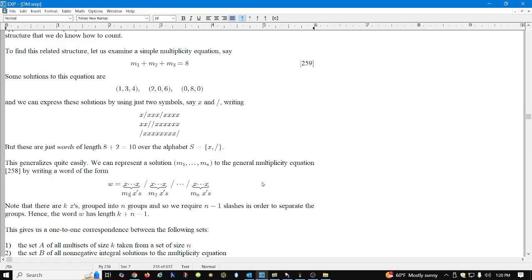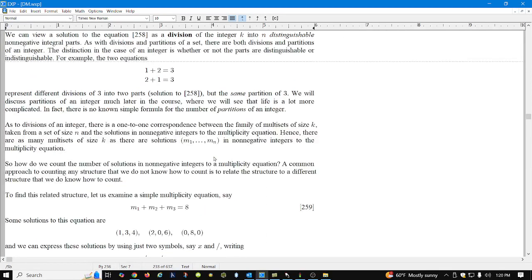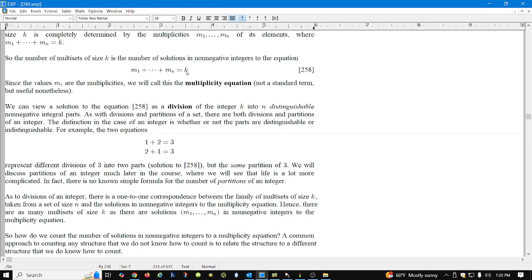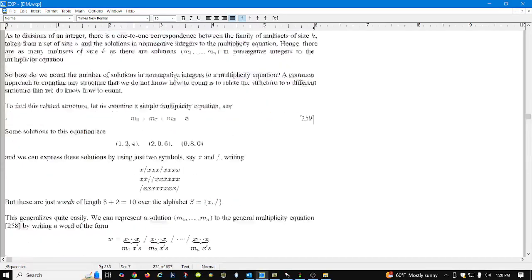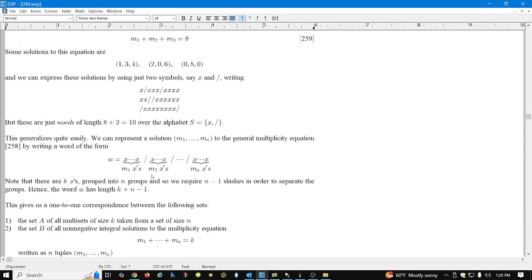There are k x's total because the multiplicity equation has a k here. And there are how many slashes? Well, since the x's are grouped into n groups, one for each multiplicity, you need n minus 1 slashes to separate those n groups.